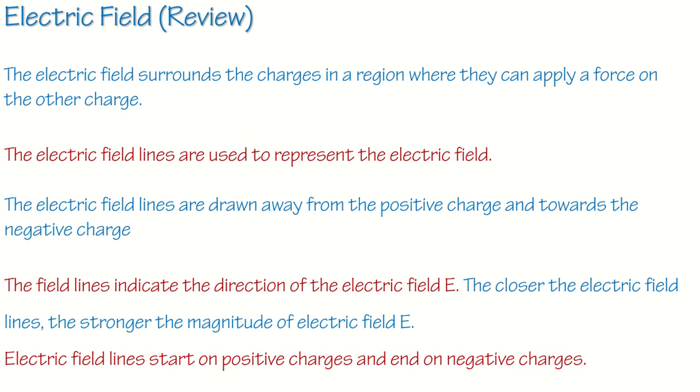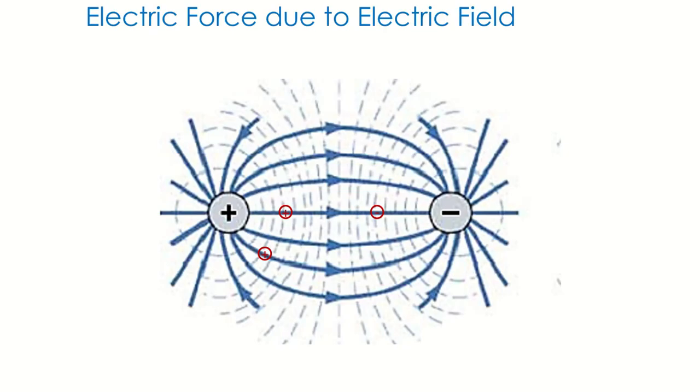An electric field line starts on a positive charge and ends on a negative charge if they are placed close to each other, like this example. So we have a positive charge and a negative charge placed close to each other. When we put a positive charge somewhere, you can see the positive charge moves from the positive charge towards the negative charge.